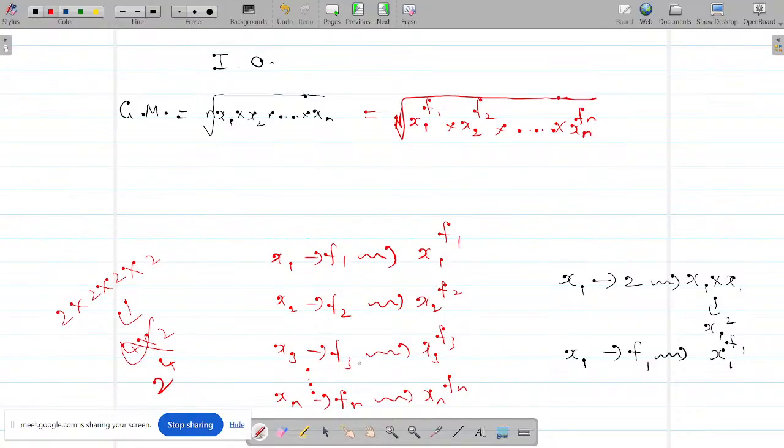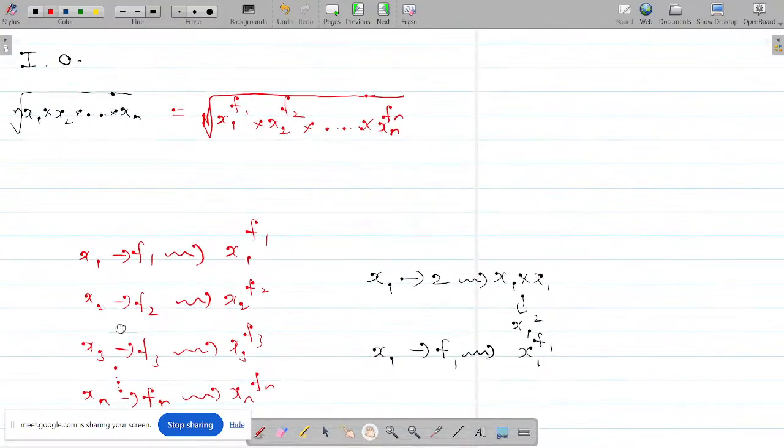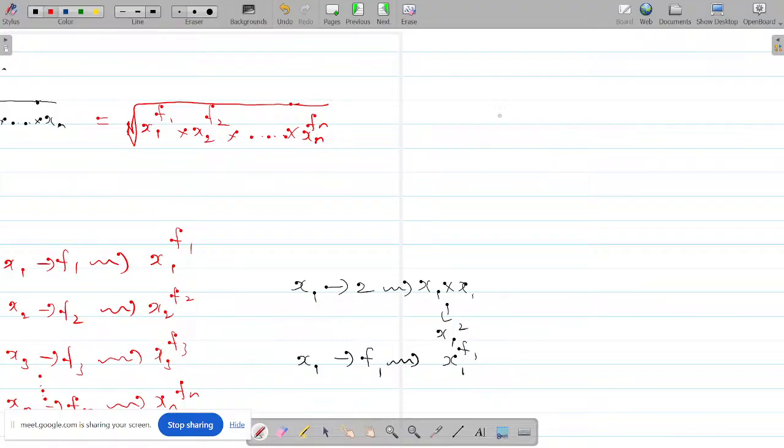Is it okay? Now I have to go for taking logarithmic values. Shall I take? Yes. I have 2 laws. One law is log of m power n is n log m. The other is log of m into n is log m plus log n.